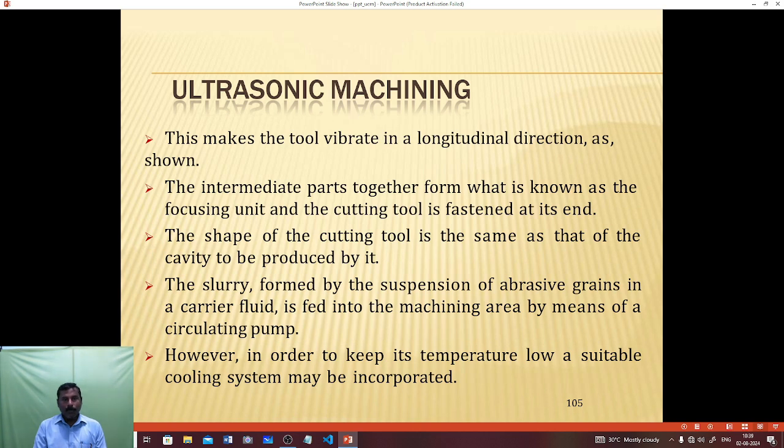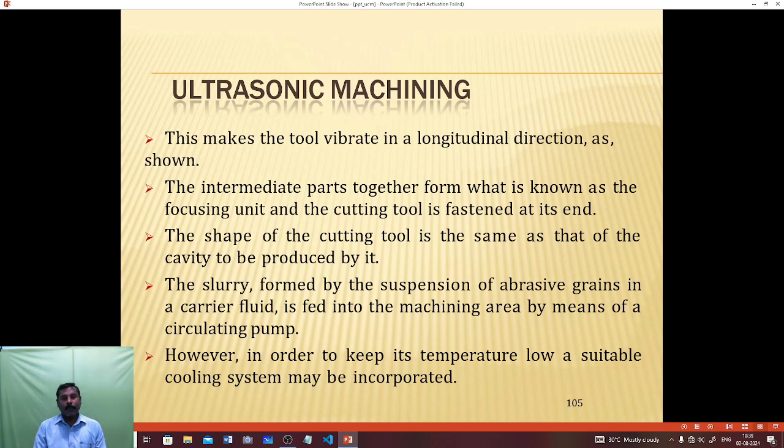This makes the tool vibrate in a longitudinal direction. The intermediate part together forms what is known as the focusing unit, and the cutting tool is fastened at its end. The shape of the cutting tool is the same as that of the cavity produced by it.